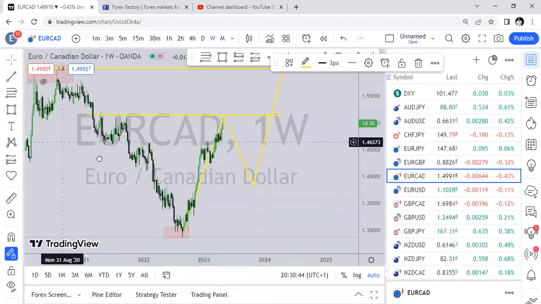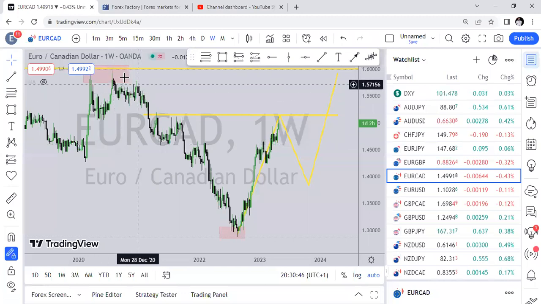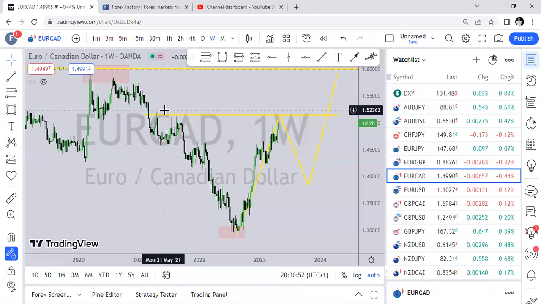There are some persons who, when the market started dropping, when they saw that drop and it made this little pullback, a lot of persons started selling at this point here, and they were in profit. They were right. They were jubilating. They made money.